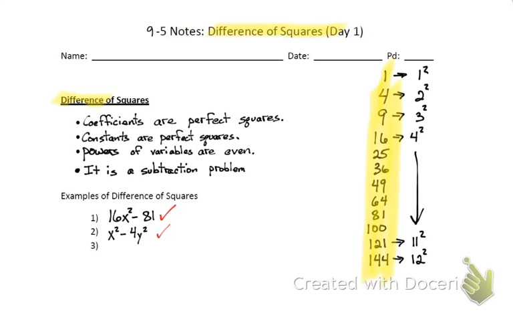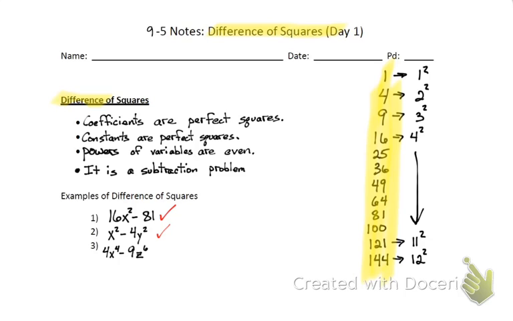One final example here, we'll just put down 4, it's a perfect square, x to the 4th minus 9, let's make that z to the 6th. So again, does everything check out? Sure it does.